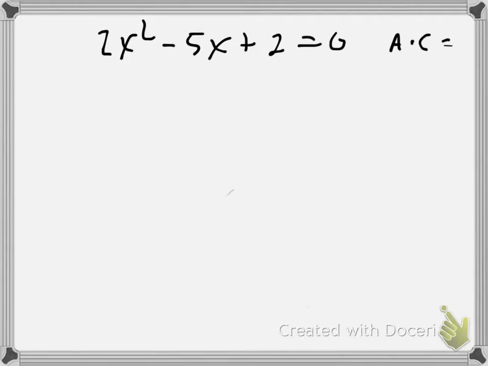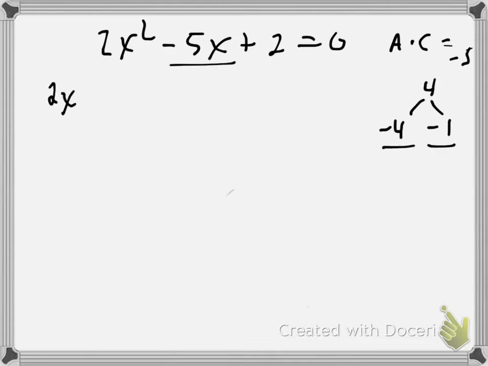I'm looking for factors of a times c that sum to negative 5. a times c is 2 times 2, so I want factors of 4 that sum to negative 5. So it's going to be negative 4 and negative 1.